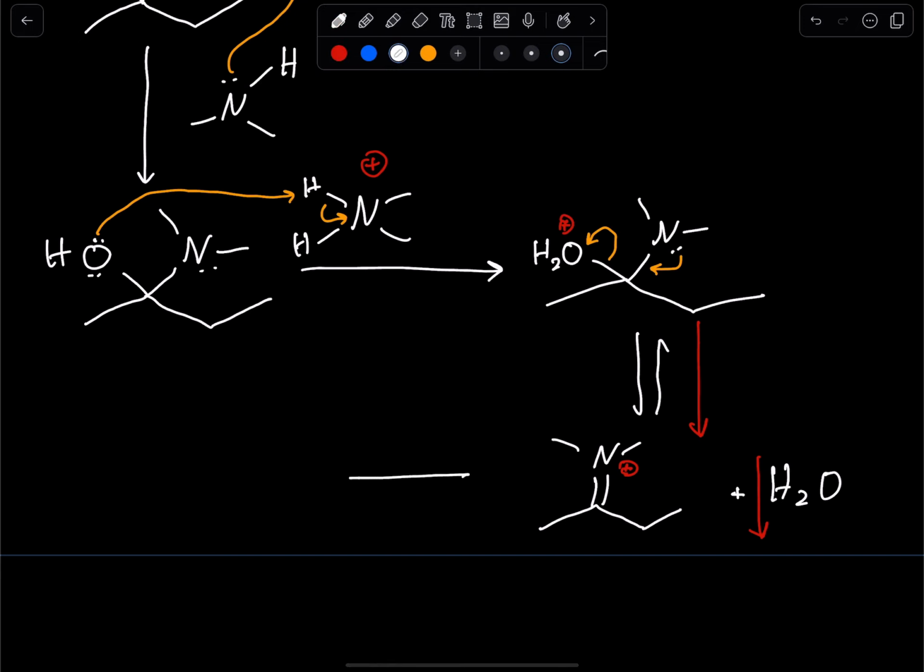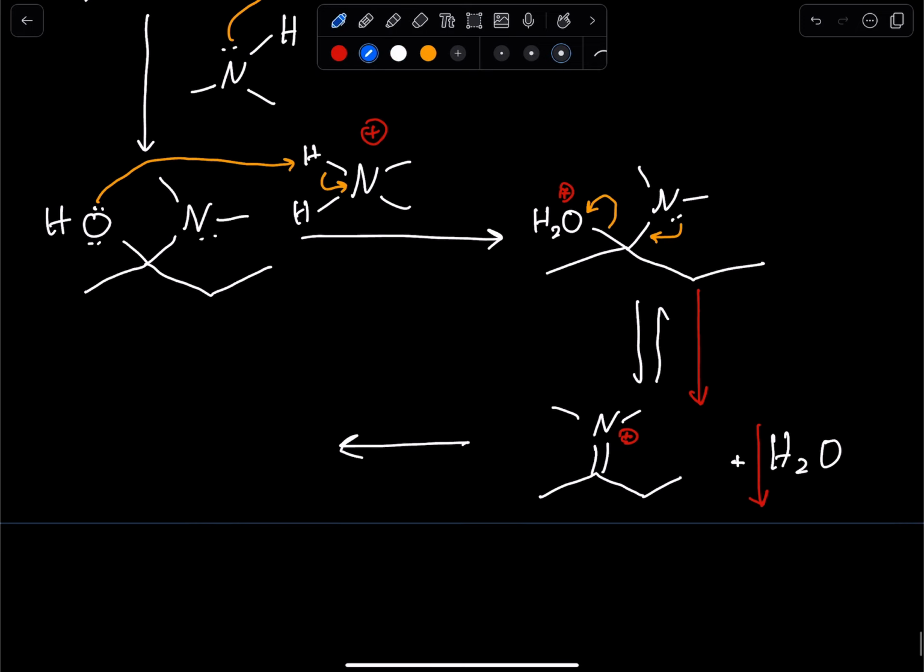Next, what we need to do is we have a couple of options. Remember the alpha carbons again. Alpha carbon here and alpha carbon here. We have the option of taking one of the alpha hydrogens. So here we have 3 alpha hydrogens, and here we have 2 alpha hydrogens.